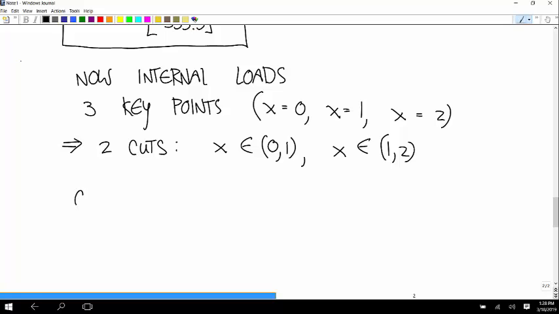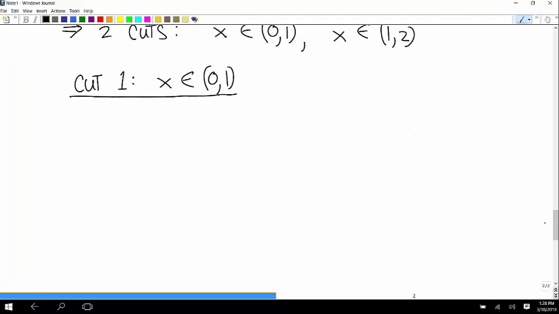Okay, so cut 1 represents any x values between 0 and 1. Let me draw this. The black is the piece that we're isolating.